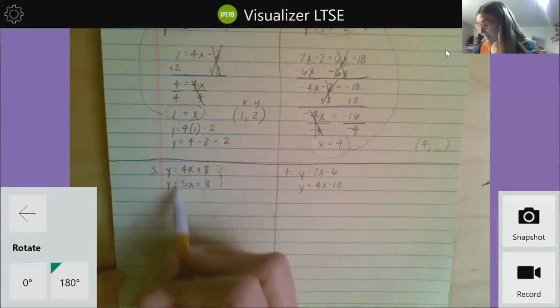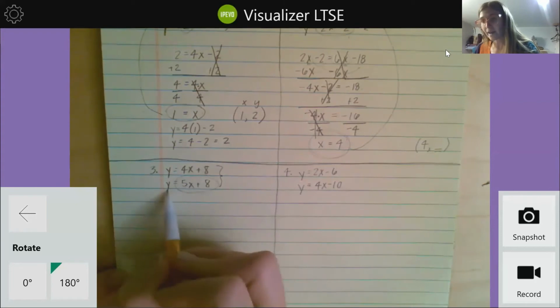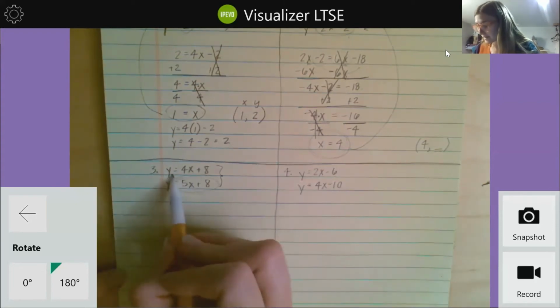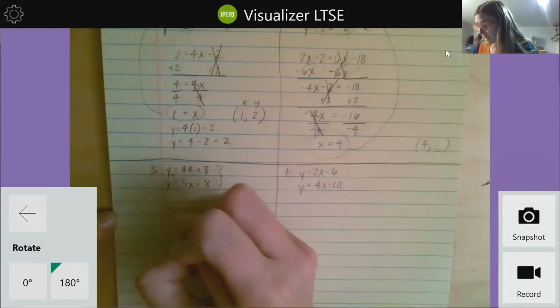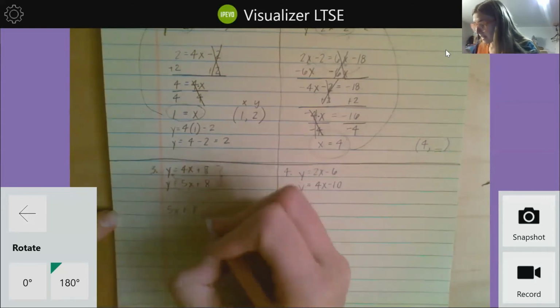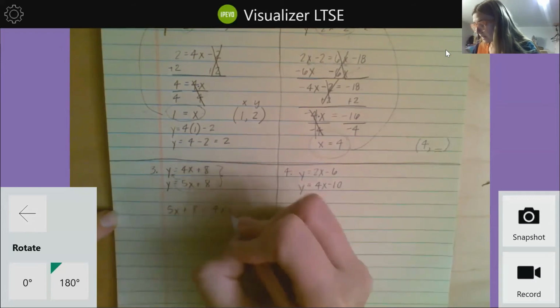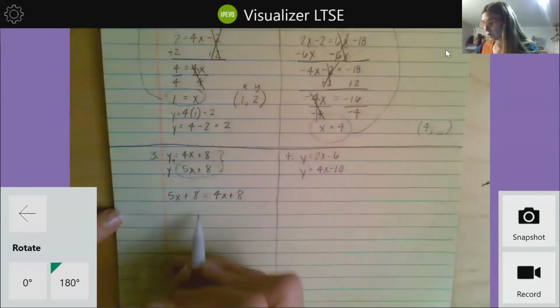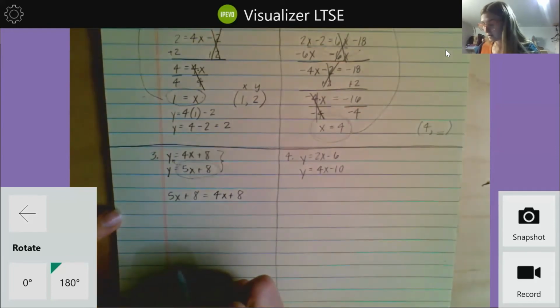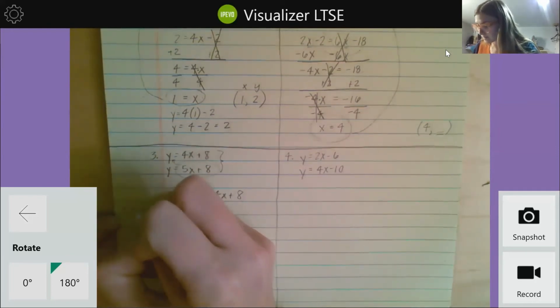So I'm going to take this one value for y and plug it in up here for y. So I'm going to get 5x plus 8 equals 4x plus 8. And now I want you to solve for x.